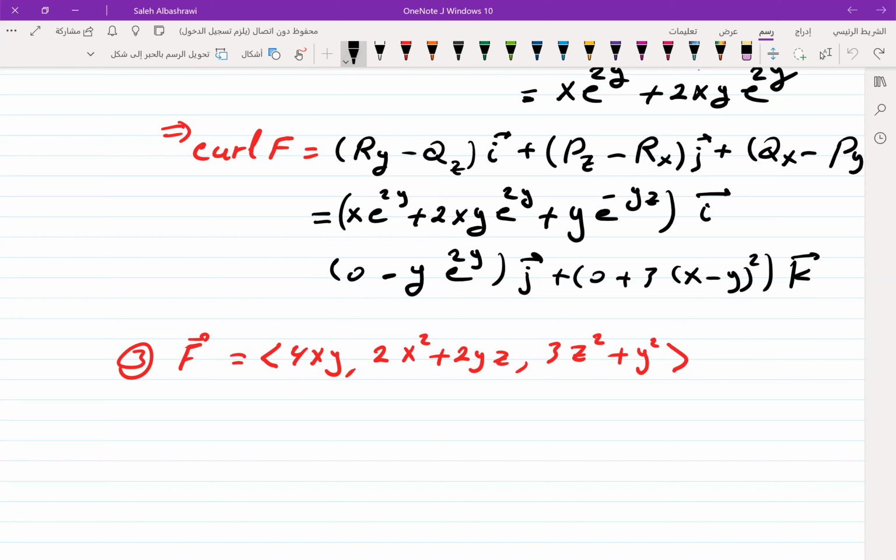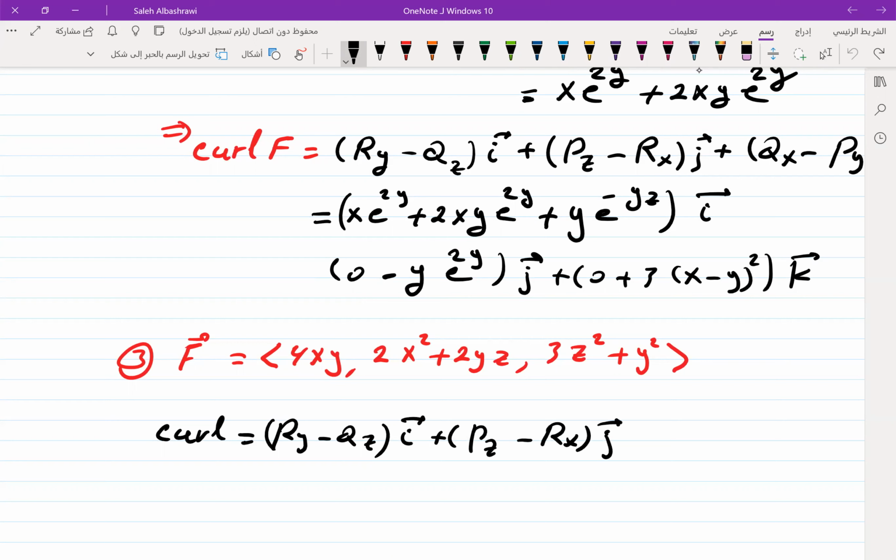And we need to find the curl, equal to r sub y minus q sub z i plus p sub z minus r sub x j plus q sub x minus p sub y k.